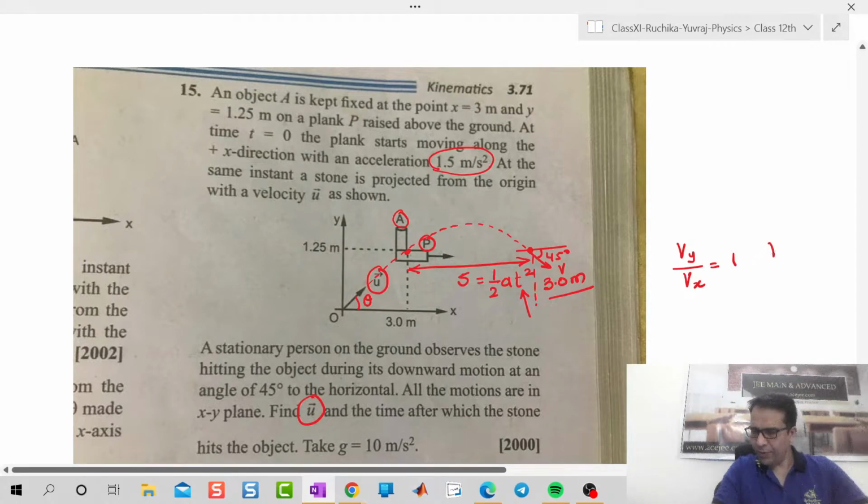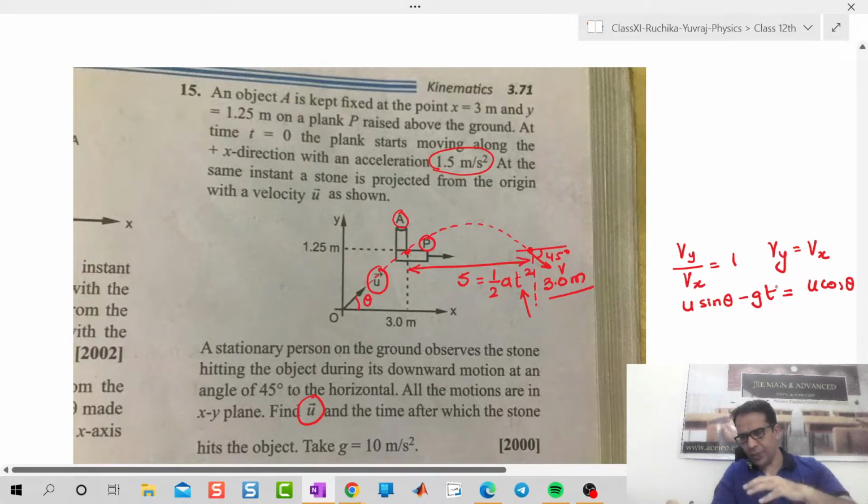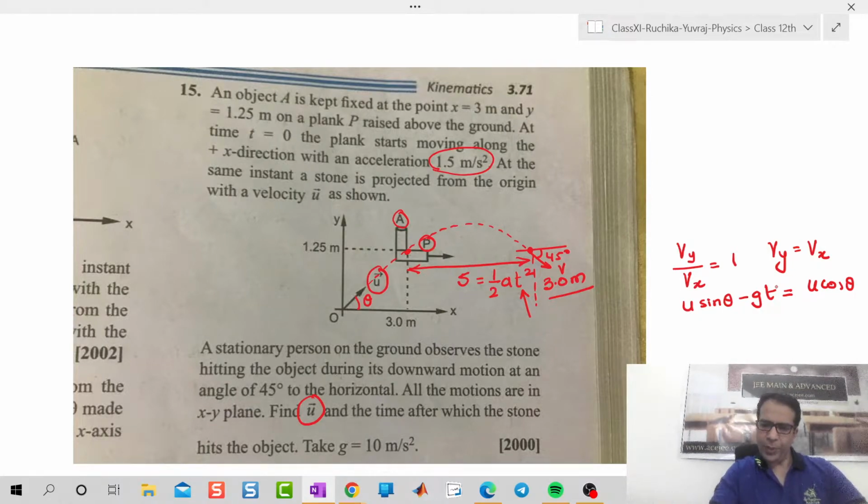That means vy equals vx at that time. What is vx? u cos theta. What is vy? vy is u sine theta minus gt. Correct, beta? Yes, sir. So how many unknowns are there?